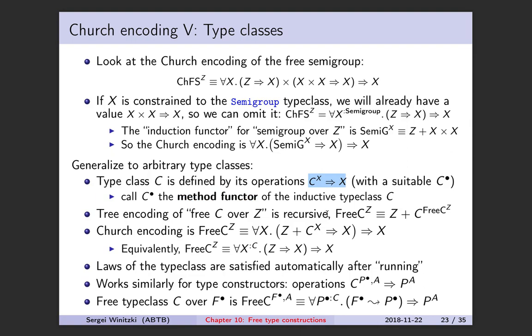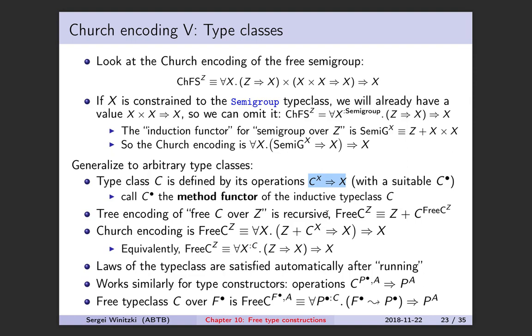This type is in category theory called an algebra, or a C algebra. So if C is a functor, then this type is called a C algebra, which is a type parameterized by X. But I just mentioned this because the fact that it is called C algebra in category theory doesn't really help us so much. It is suggestive. A type class has some operations.